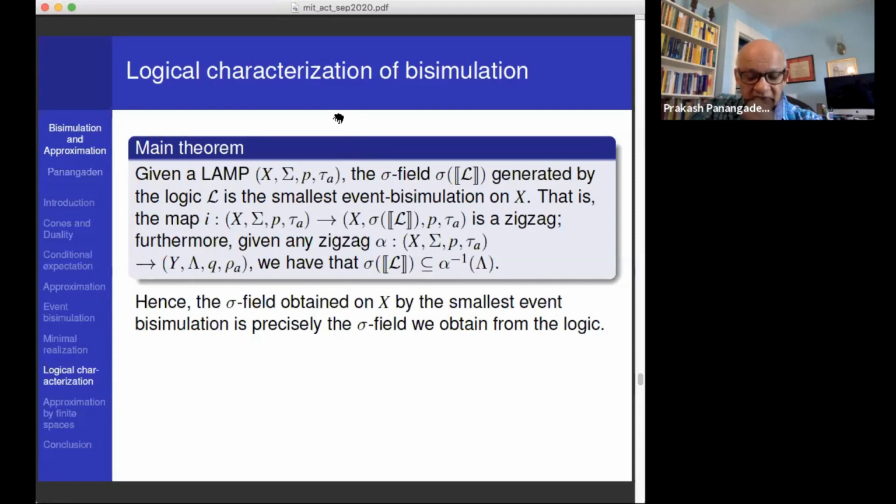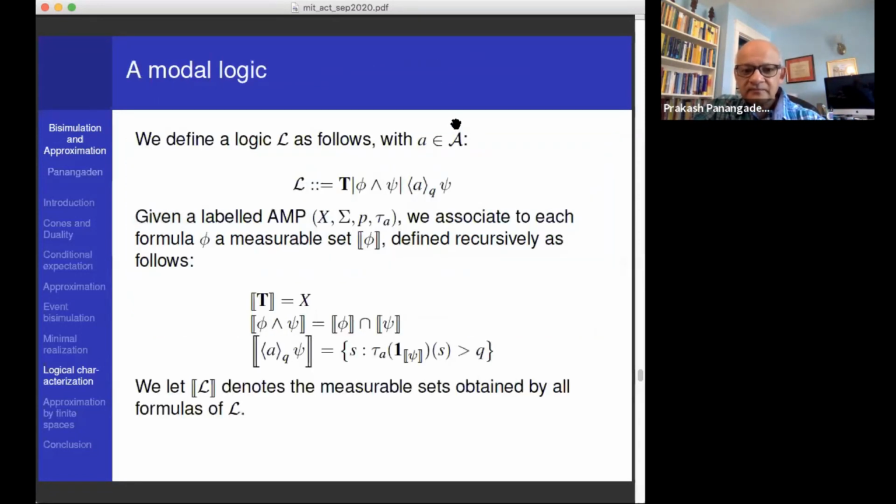In this setting with the abstract Markov processes, look at the sigma field generated by the logical formulas. What that means is, for every formula, you have an associated set of states that satisfies it. So the formulas define a collection of sets of states. Each formula defines a set of states, and we'll call these the definable sets.